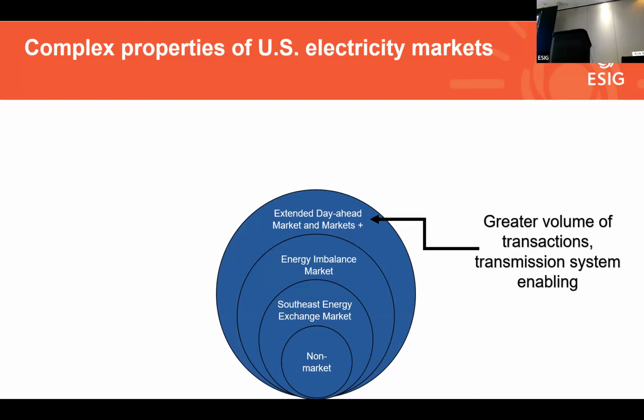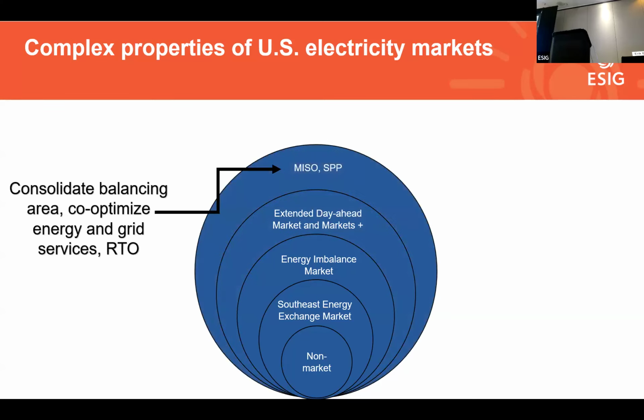Both of these have not started yet, but are planned to in 2026 and 2027. And so again, they're not an ISO or RTO yet, but a mechanism for different entities in these regions to be transacting with a greater volume of energy through these day-ahead markets.